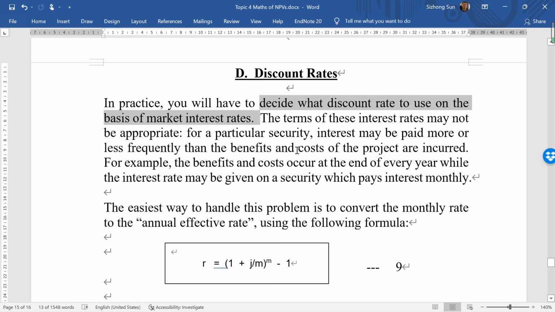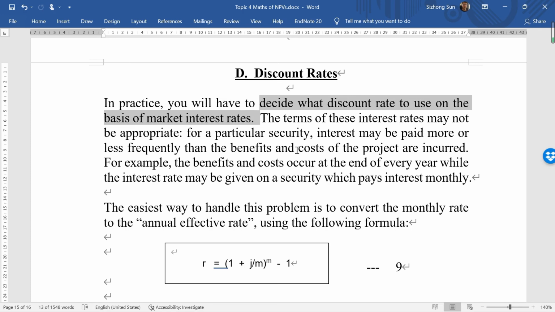The terms of these interest rates might not be appropriate for a particular security. Interest might be paid more or less frequently than the benefits and the costs of the projects are incurred. For example, the benefits and the costs occur at the end of every year, while interest might be given on a security which pays interest monthly.